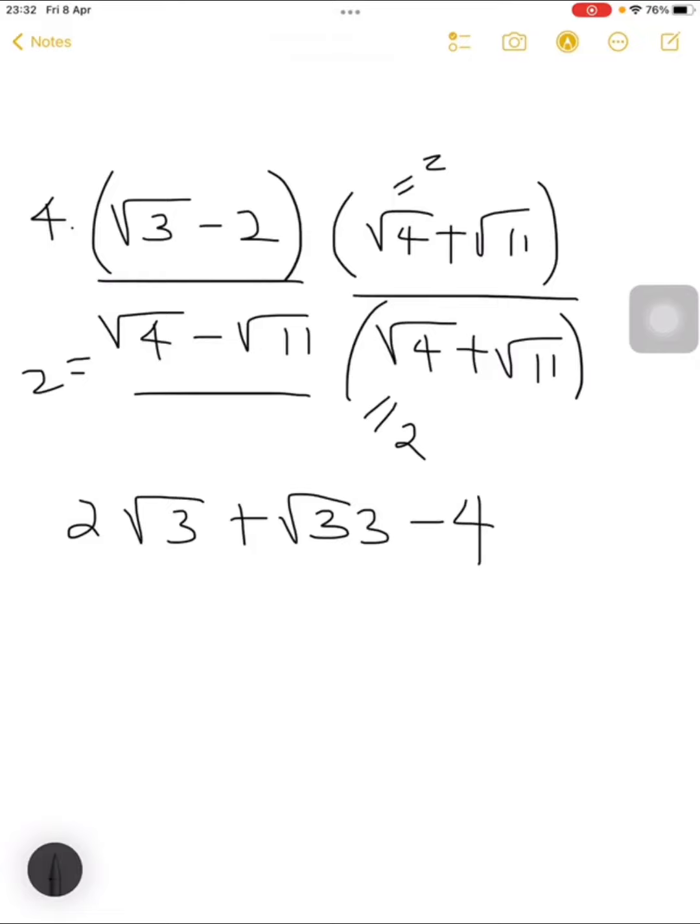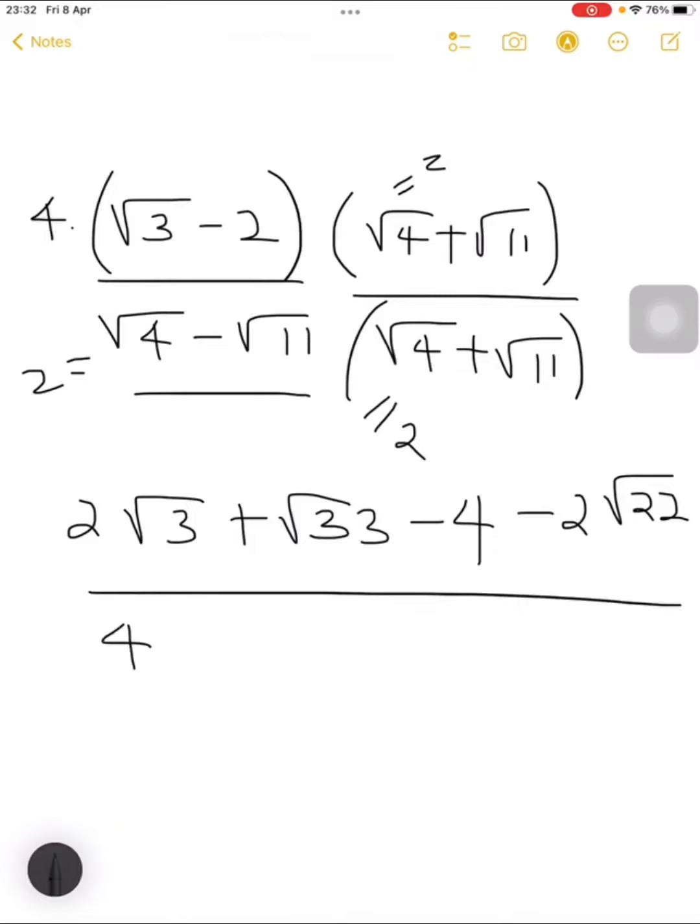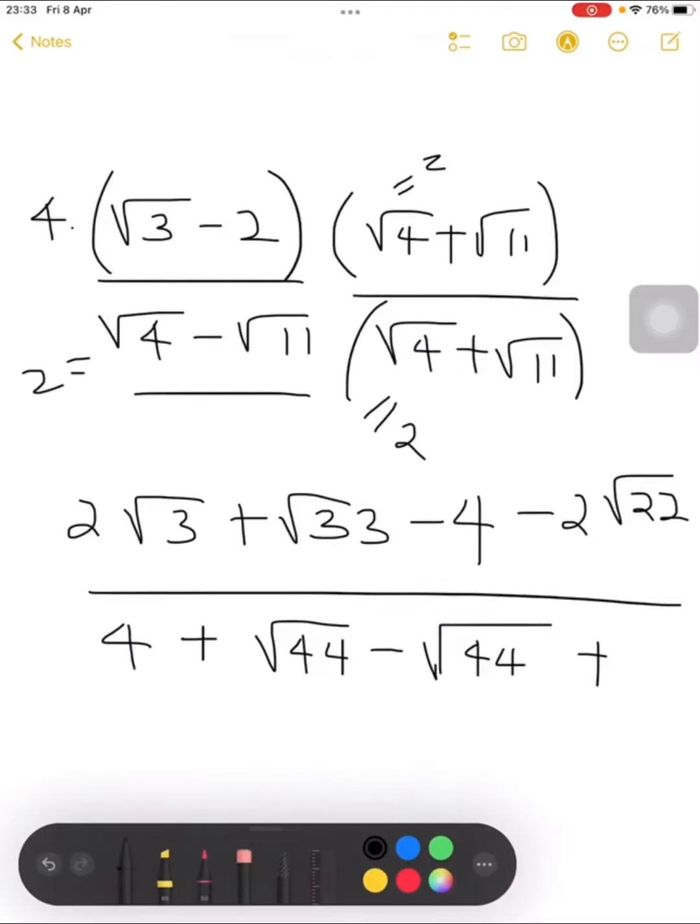Then minus 2 root 22, okay, then divided by 2 multiplied by 2, it's 4 minus 4, then plus root 44 minus root 44, and then minus the square root of 11 multiplied by 11, which is the square root of 121, and the square root of 121 is 11, so it's minus 11.